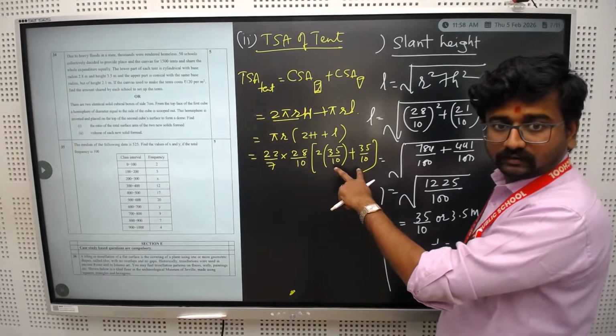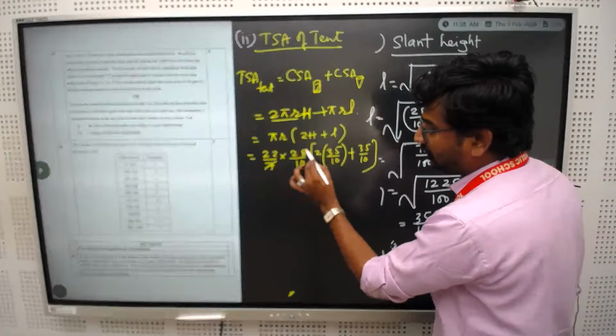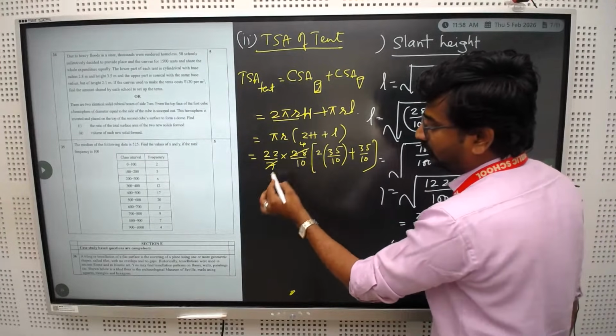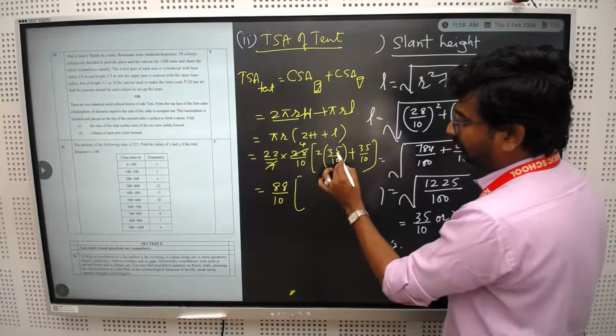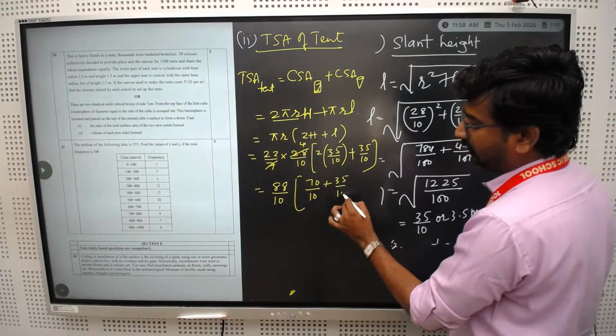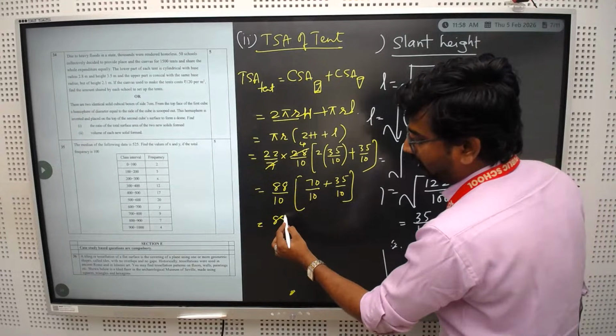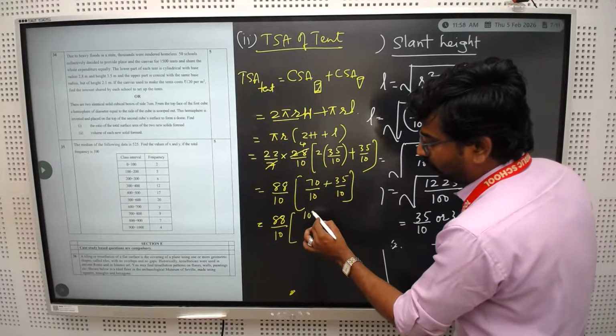Both are like fractions, denominator is the same. Don't disturb. 7 ones are. 22 into 4 divided by 35 twos are 70 by 10 plus 35 by 10. 88 by 10 into 70 plus 35, 105 by.